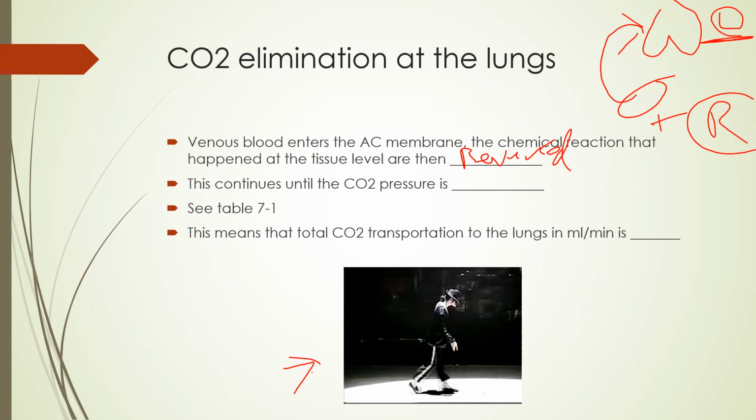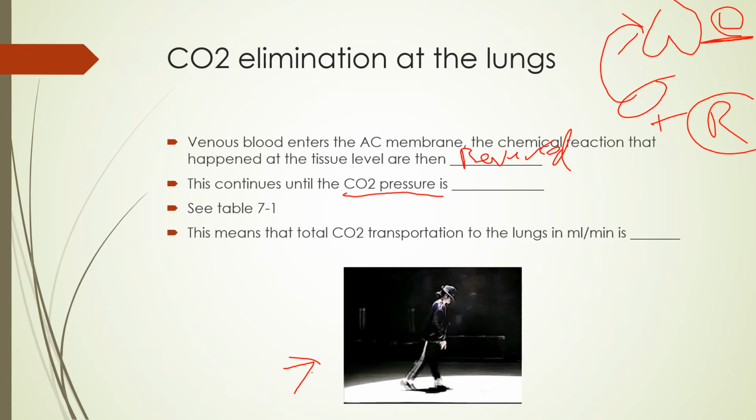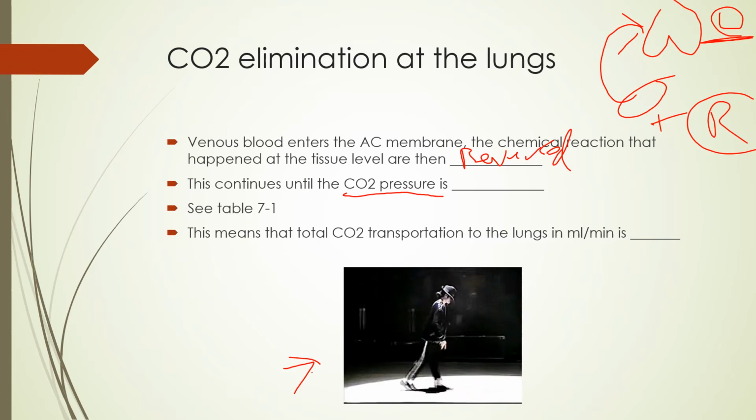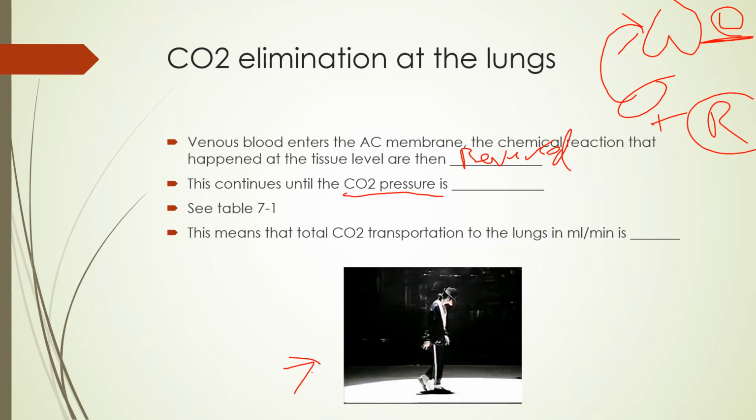This reversing will continue until the CO2 pressure is at equilibrium, until we have the same amount of CO2 in the AC membrane into the blood as there is in the alveoli.